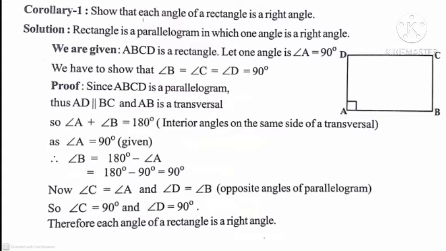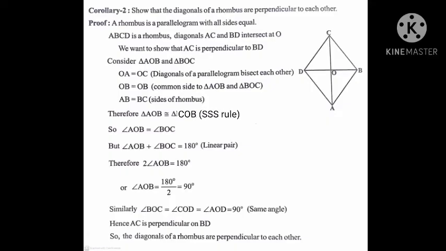Now angle C equal to angle A and angle D equal to angle B because opposite angles of parallelogram are equal. So angle C and angle D are 90 degree. Therefore each angle of a rectangle is 90 degree, that is right angle.